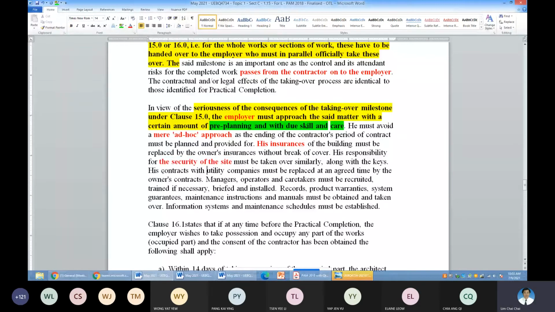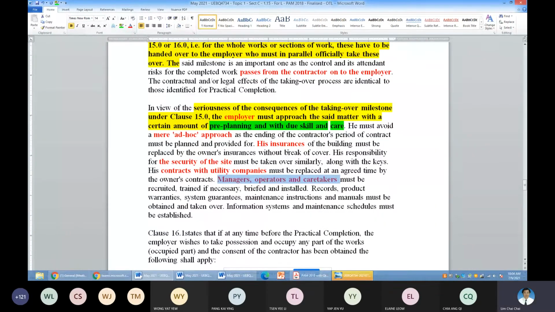Contract with the utilities company, because the contractor will no more be the user for the utilities: water, electricity, telephone, whatever. It passes to the employer. So the employer's people need to continue with the contract or not, or whatever. Okay, so these are the things: insurance, security, utilities, and also the operators, managers, and caretakers for the building or structure to be recruited earlier and not on that day, because it takes time to learn.